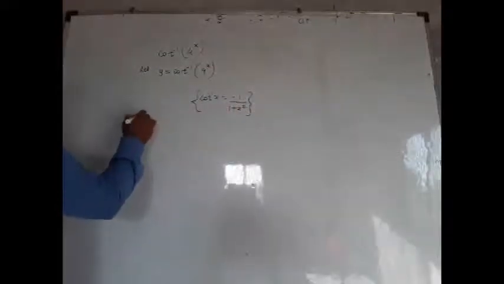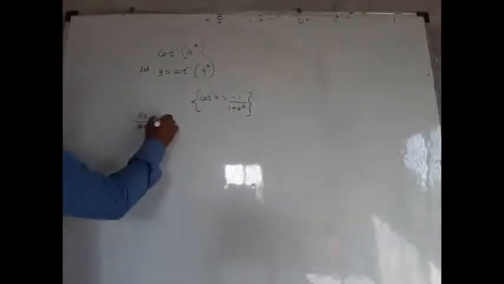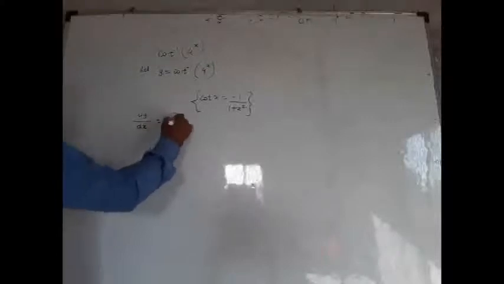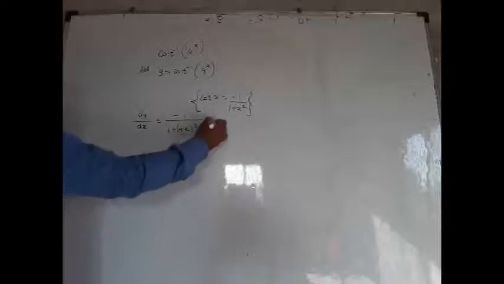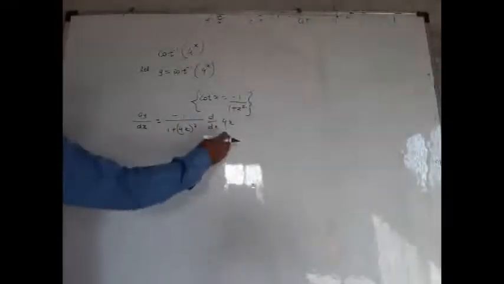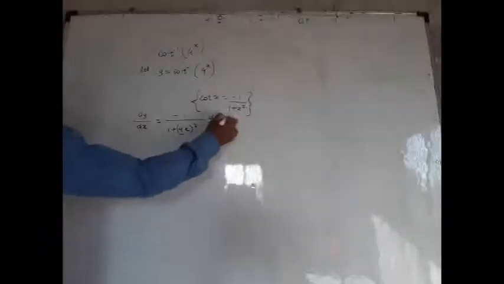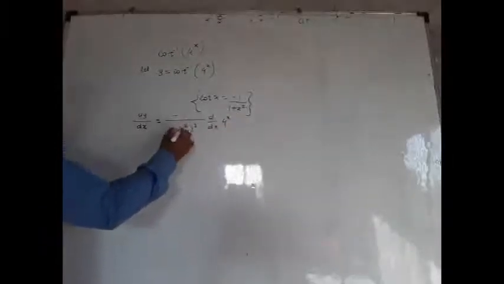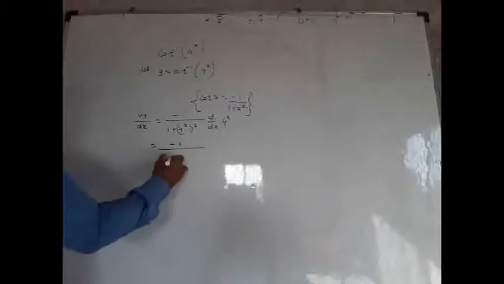Then dy by dx is equal to minus 1 upon 1 plus (4 raised to x) whole bracket square, into d dx of 4 raised to x.